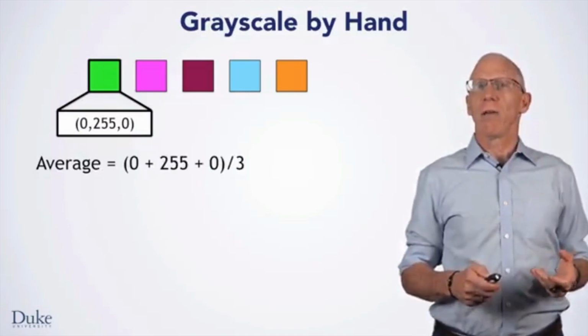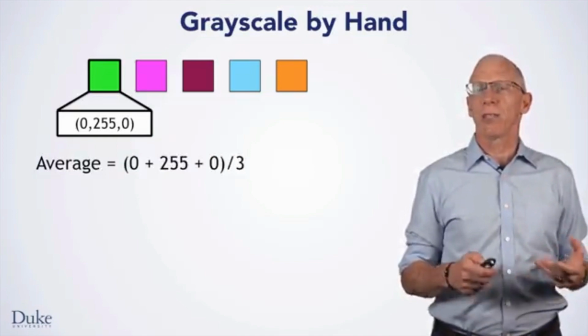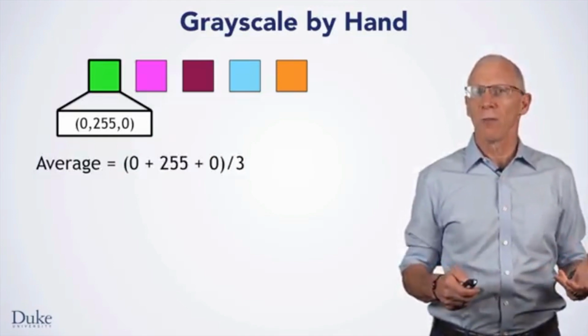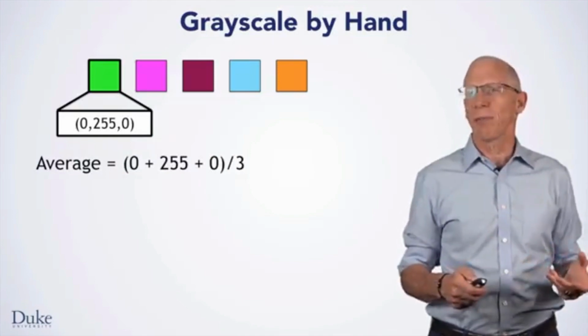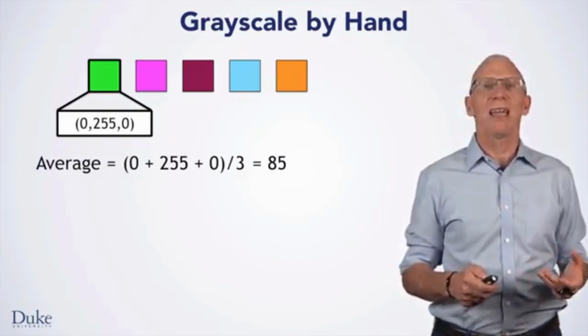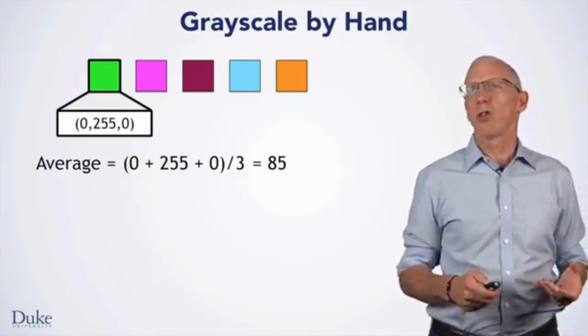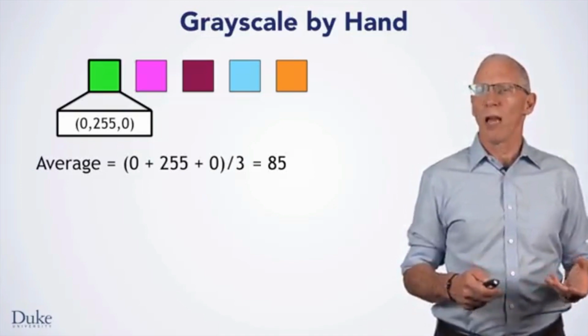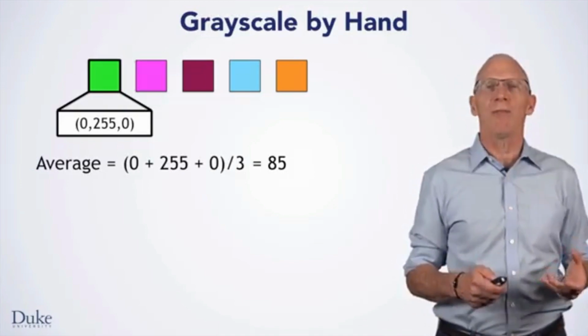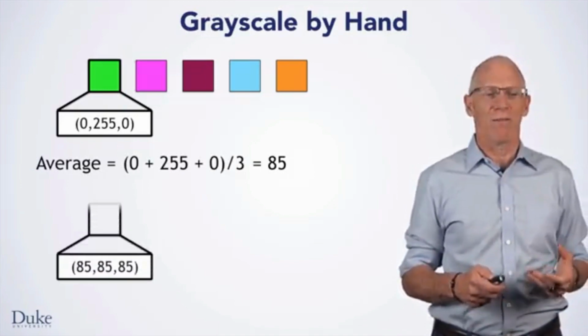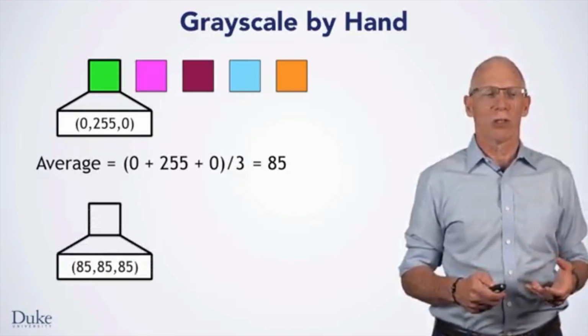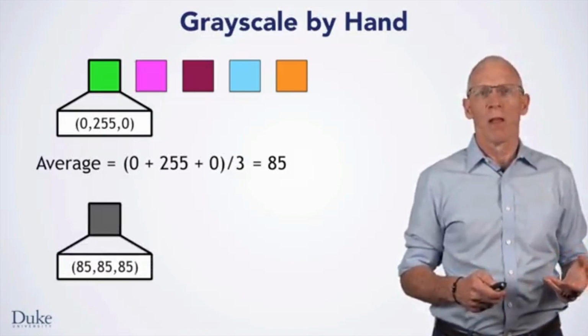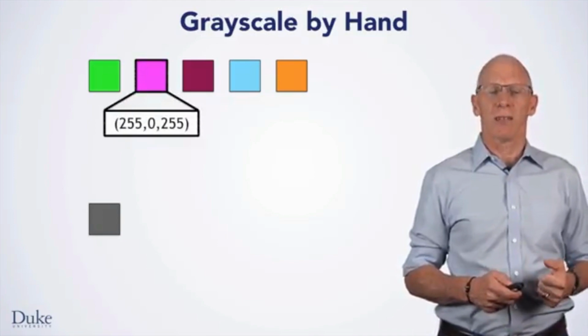Averaging these values means performing the operation 0 plus 255 plus 0, all divided by 3, which is 85. That means the new grayscale pixel will have R and G and B values each of 85, which looks like this.